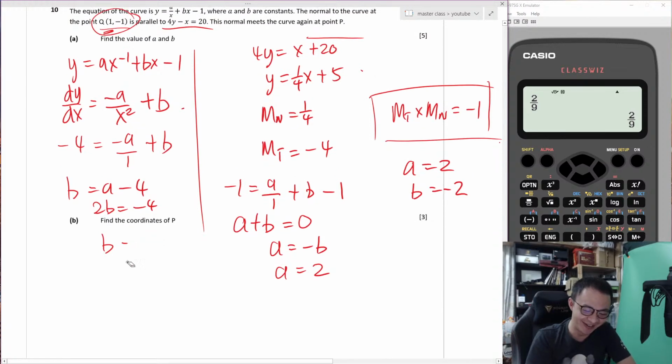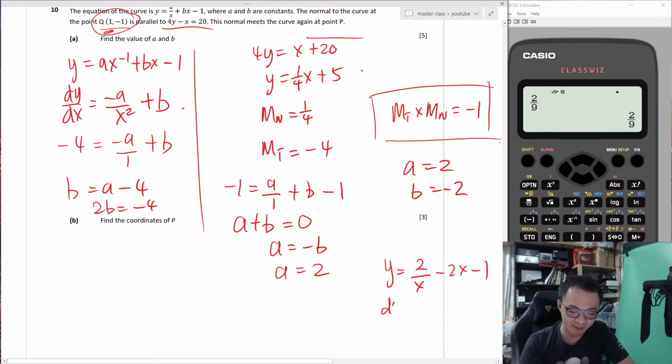Alright, so after I got the a and b, I prefer to sub back into my equation. So it's 2 over x minus 2x minus 1. Alright, so that my dy/dx is negative 2 over x squared minus 2.